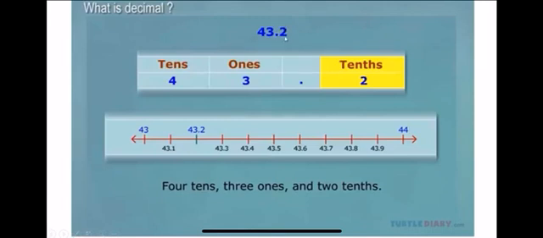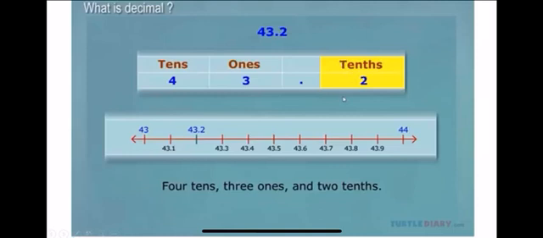What is the place value of the decimal number? It is tenths. We call it tenths. Why? Because remember that when we divide the rectangle, into how many parts do we divide it? We divide it into 10 equal parts. So we call the place value of the decimal here tenths.